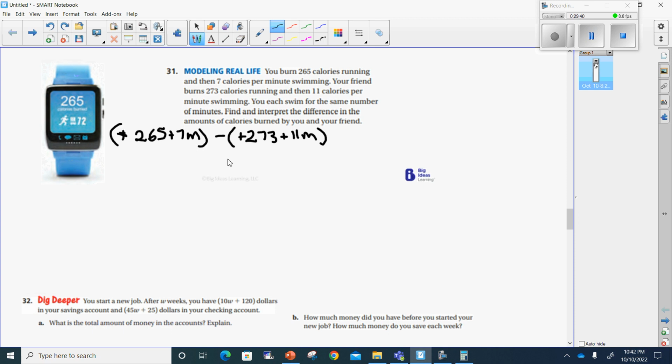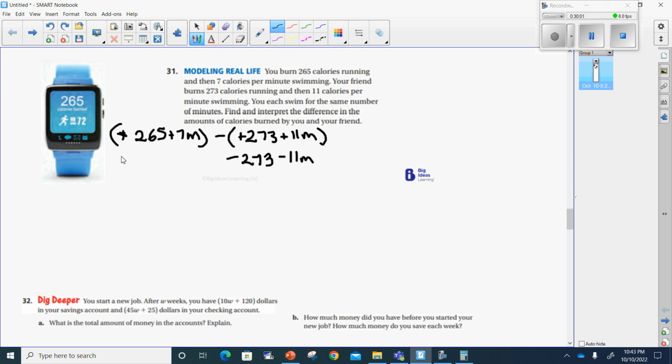When I do this, all this turns to negative 273, plus, no, that's a negative times a plus. Sorry about that. That'll also be a negative, minus 11m.